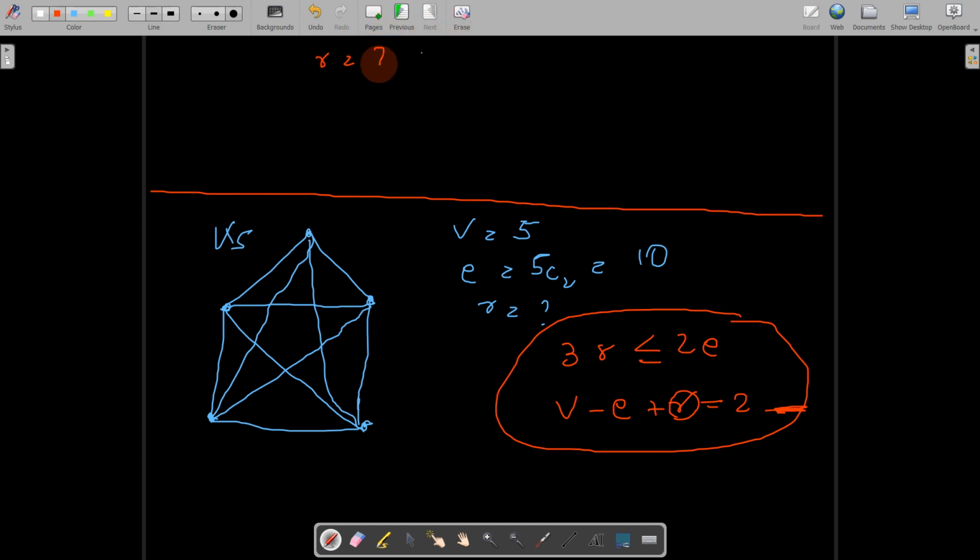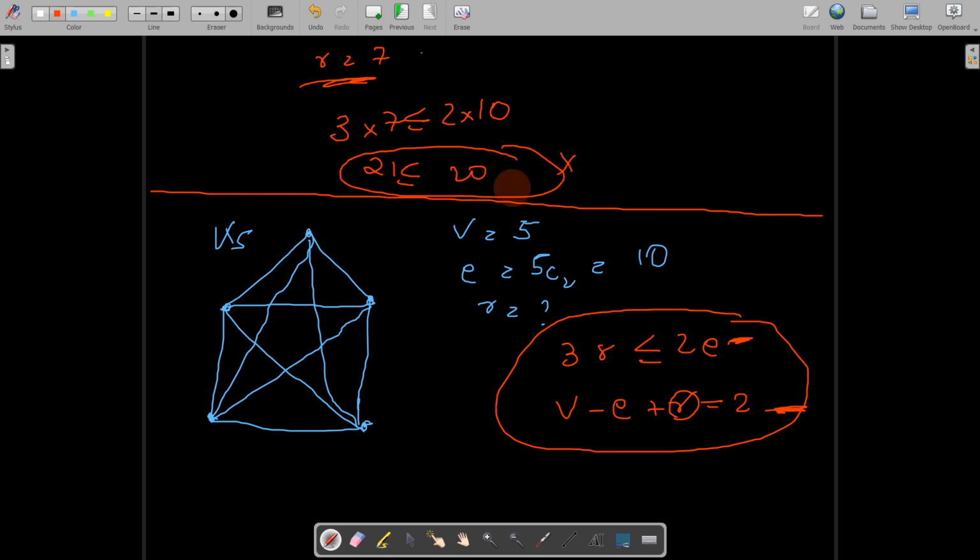So r is coming out to be 7. We plug this value into the inequality: 3 into 7 less than or equal to 2 into edges 10. So it is coming 21 less than or equal to 20, which is absurd, not true. That means K5 is also non-planar.